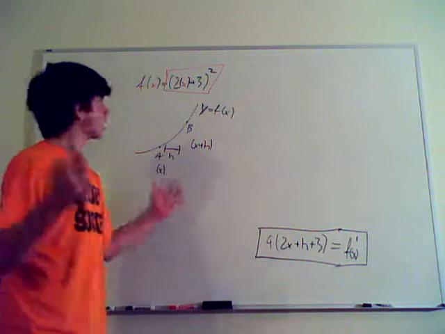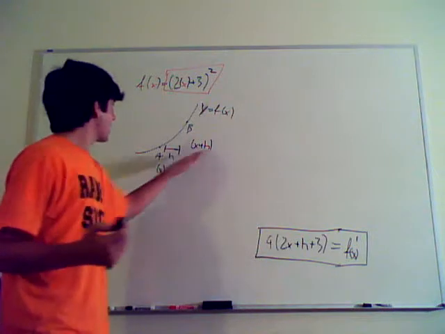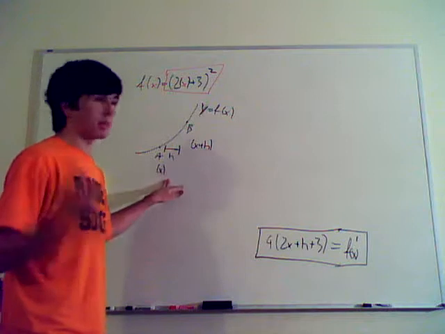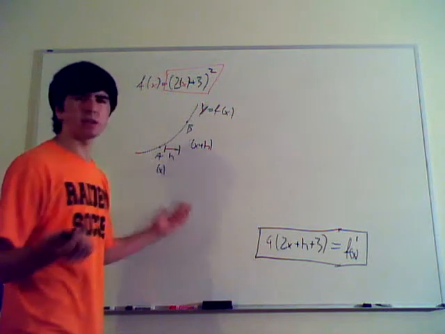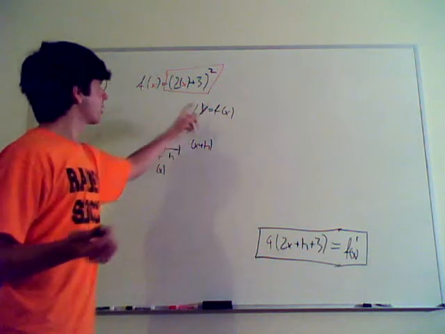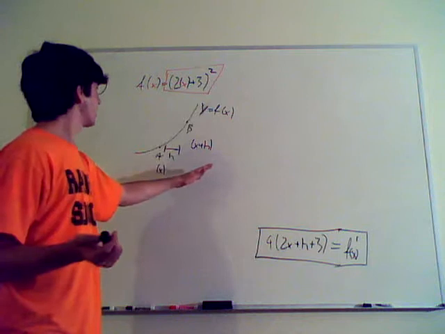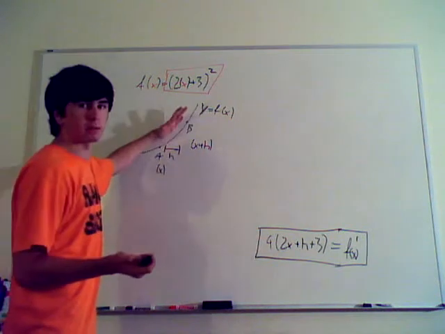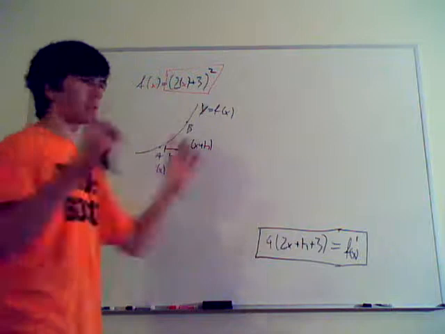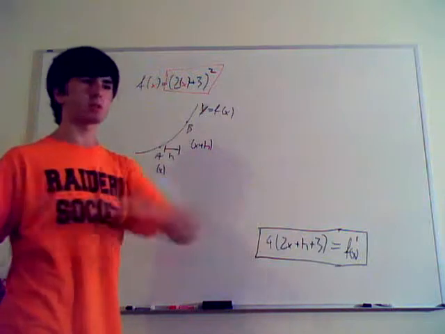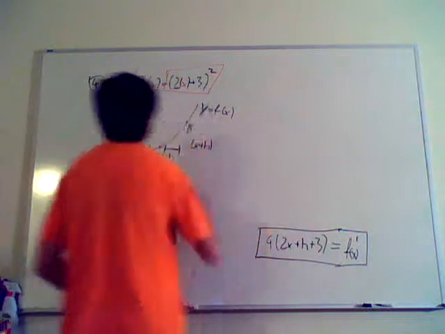Just write on line y equals f of x, x plus h is h away from x. Therefore, you can calculate the slope of y equals f of x between a and b by using the formula f of x plus h minus f of x over h. Write that, you're good. I doubt I'm wrong.